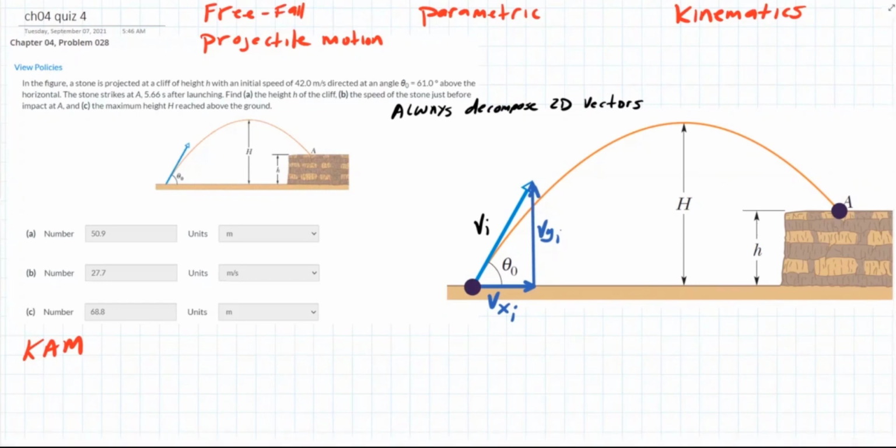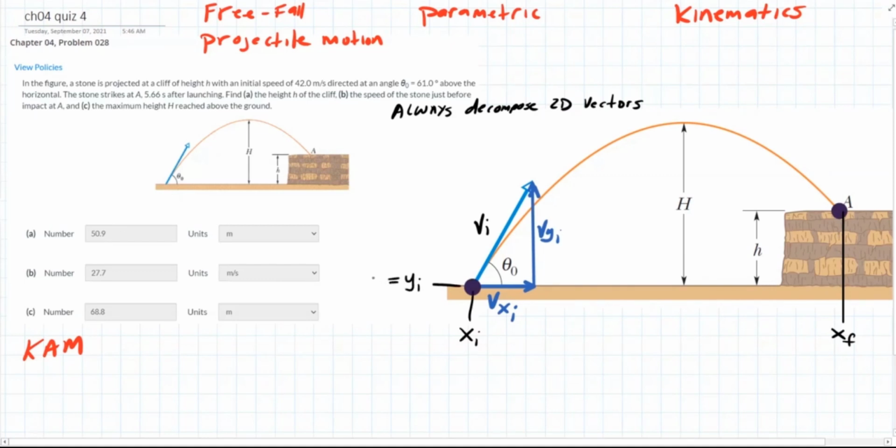I'm still in labeling mode. I'm going to label this over here. This is my final x position, x subscript f. This is my initial x position. My initial y position is right here, y initial.